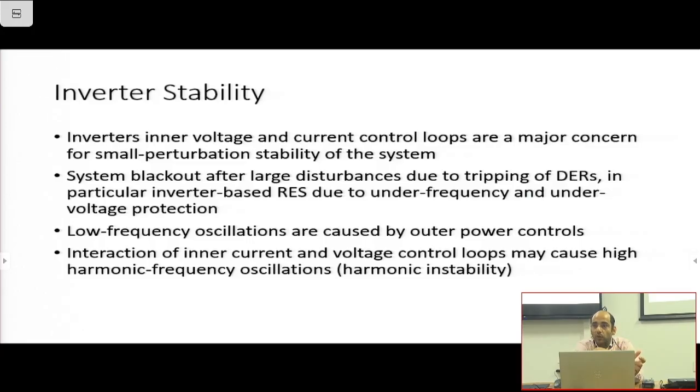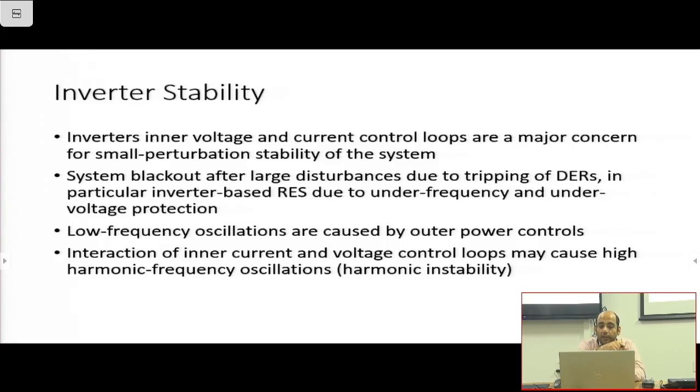As I told earlier, none of the inverters should be overloaded. All the inverters should have equal loading. They should supply power equally. So the point is, how do we make the powers equal? There are power controllers. If those are not designed properly, then it leads to low frequency oscillations, and low frequency oscillation may become unstable.